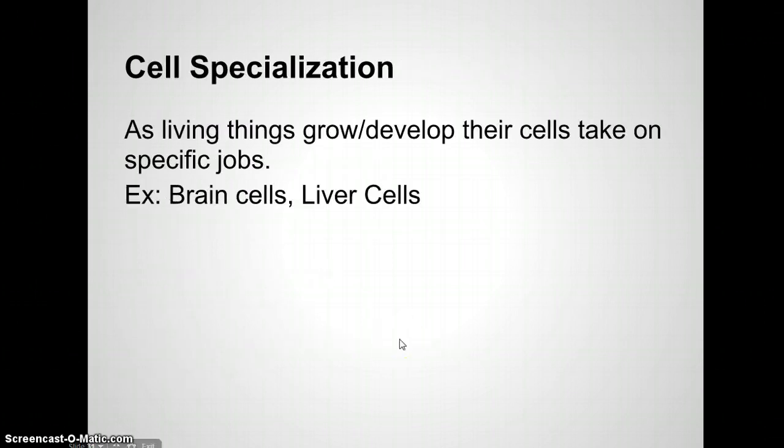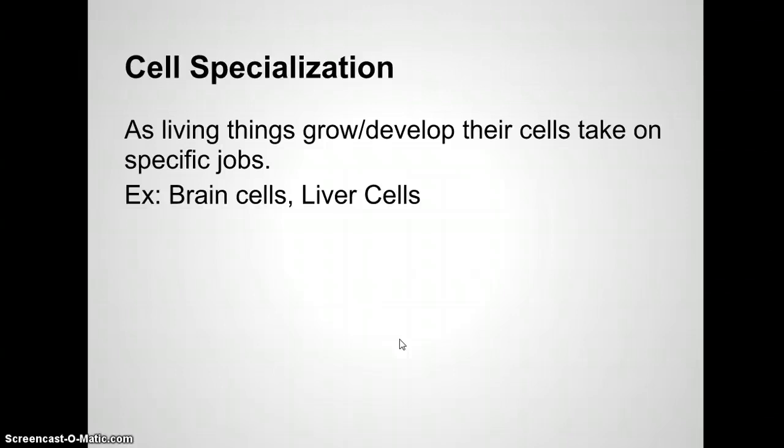So now that we know that living things grow and develop over time and that they're all made out of cells, we have to figure out how we get so many different types of cells, and that process is called cell specialization. So as you were first fertilized, when you were just a young embryo, not all of your cells were already decided. You may have had what we call stem cells.